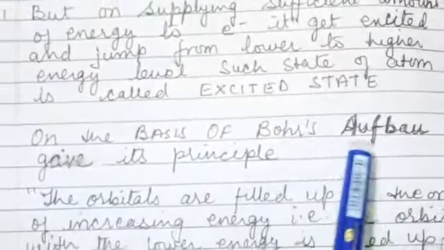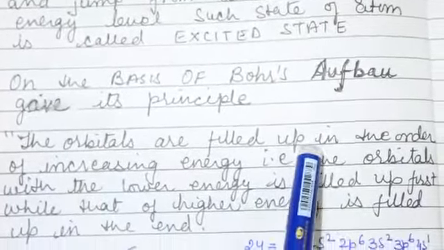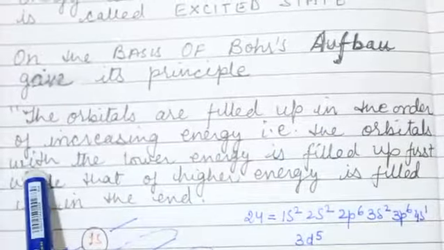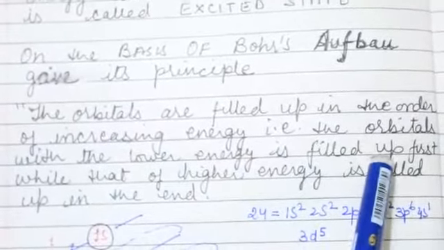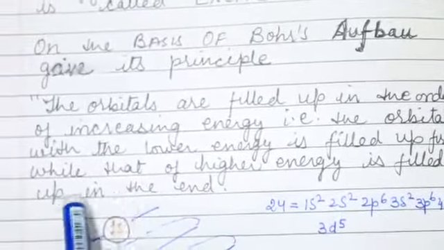So on the basis of Bohr's principles given above, the orbitals are filled in the order of increasing energy, that is, the orbital with lower energy is filled first, while the higher energy one is filled in the end.